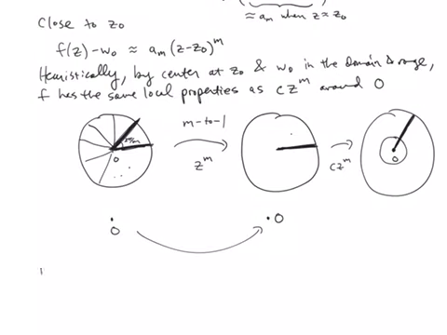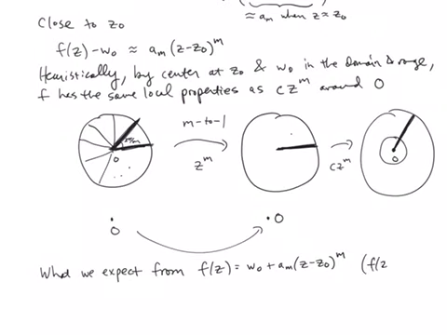So basically what we expect here, by analogy from f of z equals w naught plus a_m times (z minus z naught) to the m, where w naught here is f of z naught, is that if this function is acting like one of these polynomial functions near z naught, then it should look sufficiently like this picture up here.